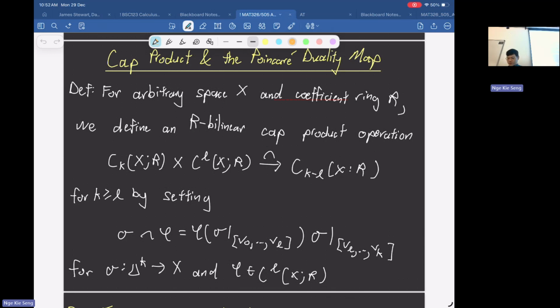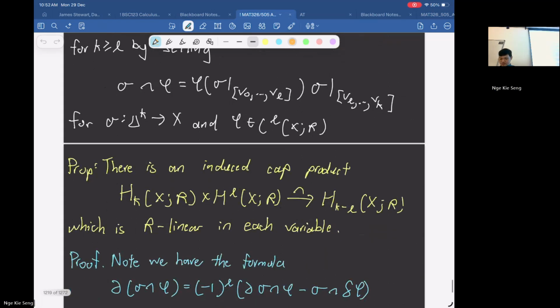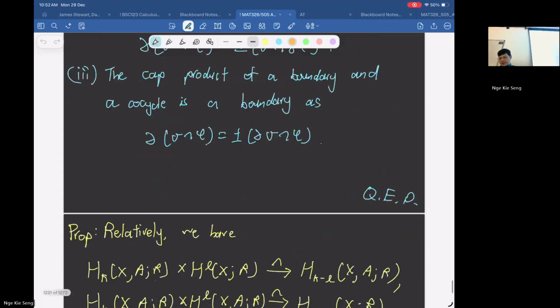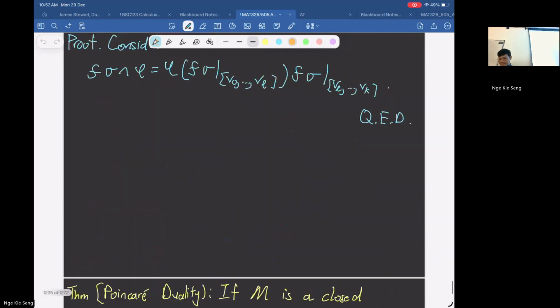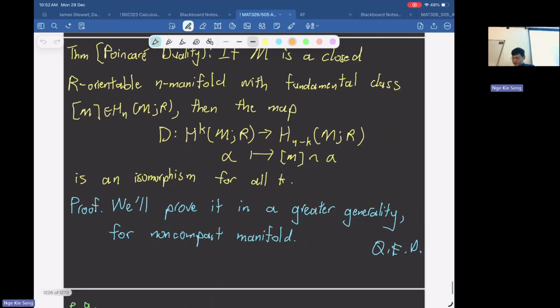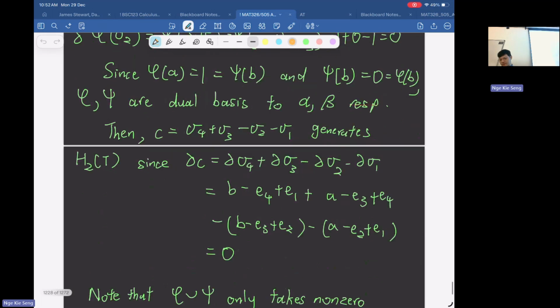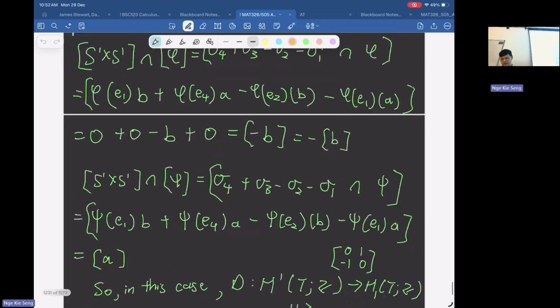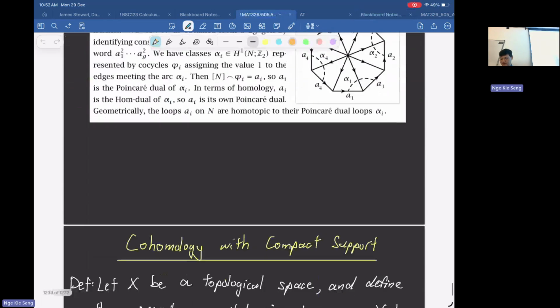Cap is like doing homology and cohomology together and then becoming a homology. And then more importantly, we will introduce what Poincaré duality is. There's some very interesting calculation as well. See how it goes. If we don't have a chance, then I just leave it for you.